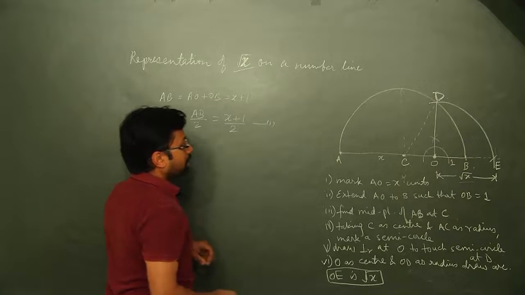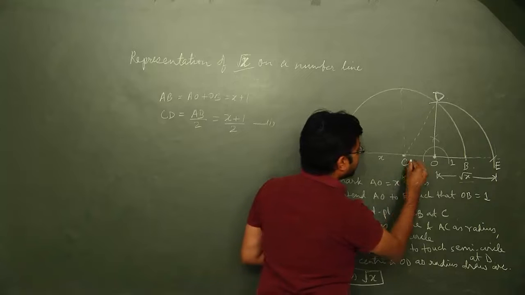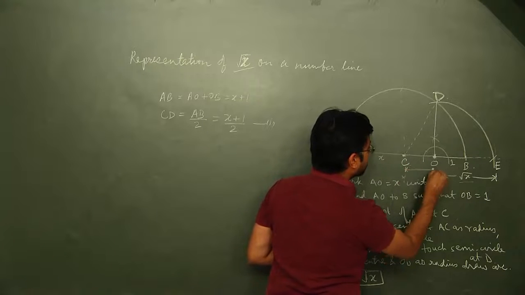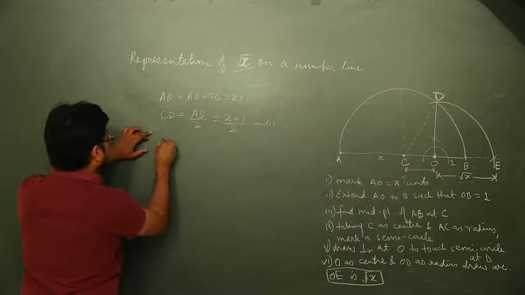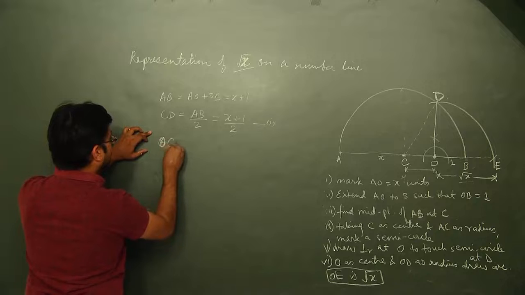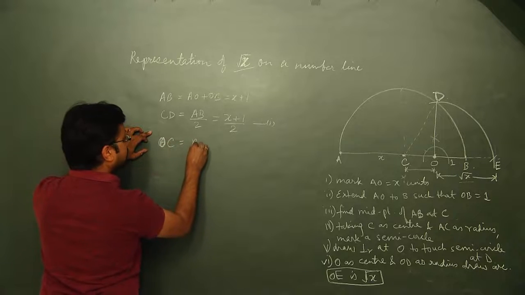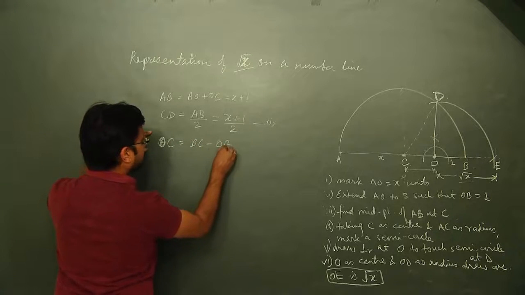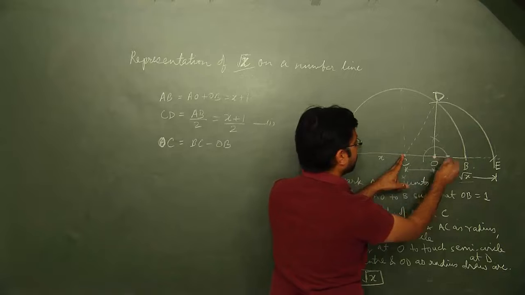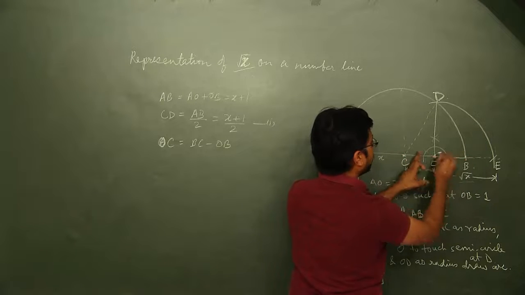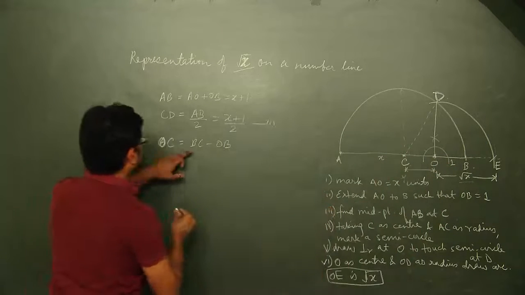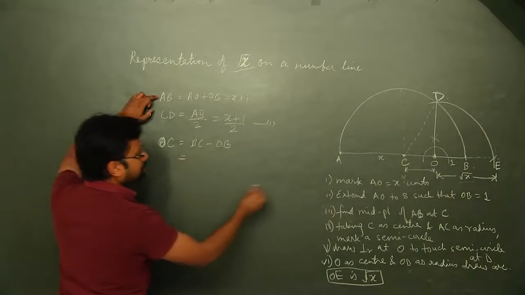Alright. Now, what is this distance OC? Your OC will be BC minus OB, right? OC will be this entire thing. BC minus OB will give you OC. What is BC? BC is same as AB.